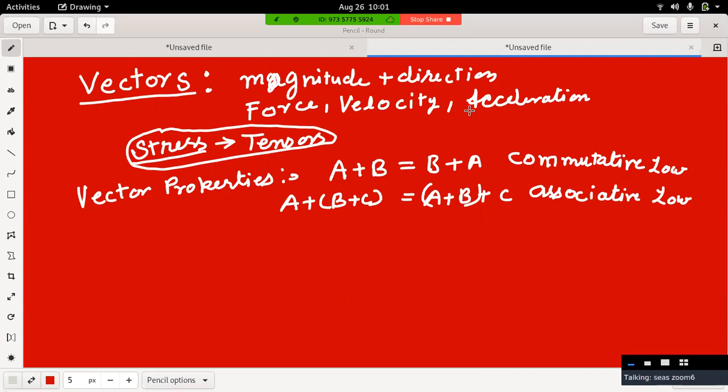Similarly, for multiplication, if there is any numeral m which has been multiplied, then ma is equal to am. Similarly, m times (a plus b) is actually equal to ma plus mb.